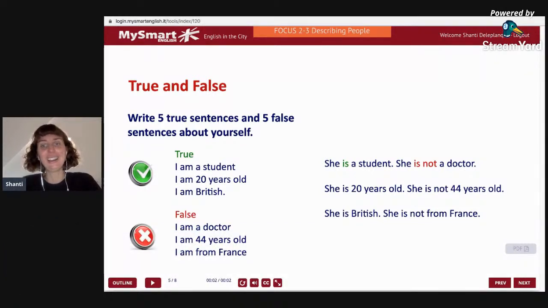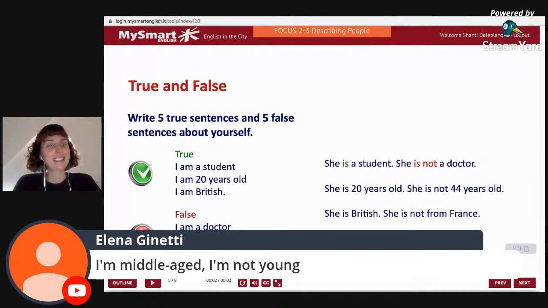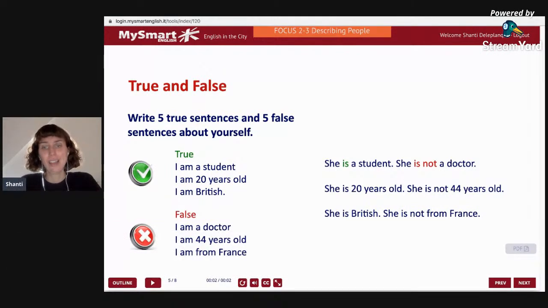Ella says, I'm middle-aged. I'm not young. Very good. I'm missing an example from Maria, from Valentina. Are you still here? No problem, Barbara. Thank you for making an example. So any other examples?